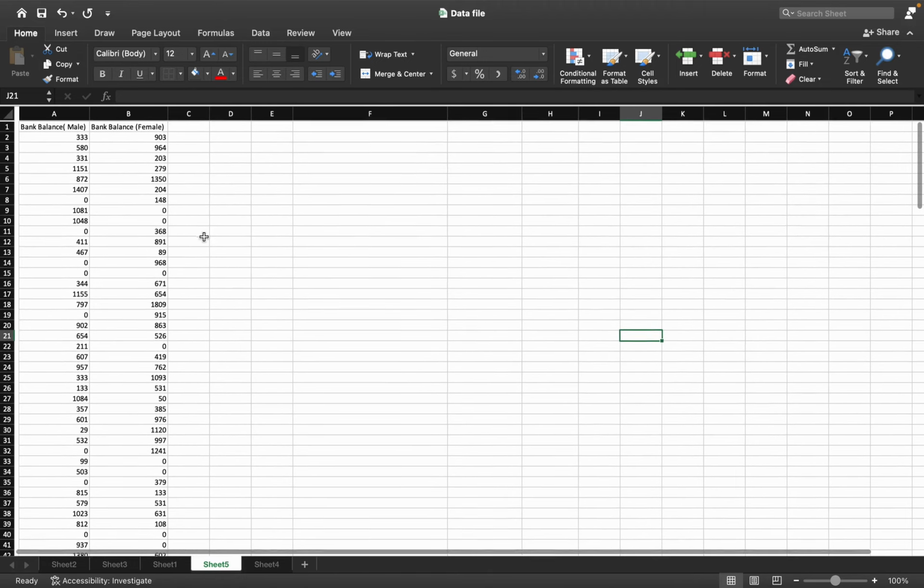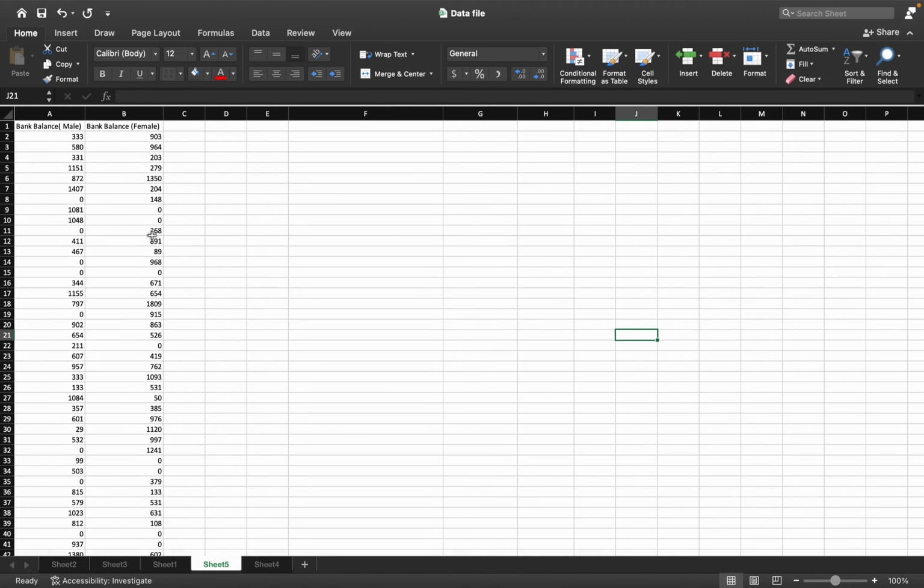First of all, here I can see the bank balance of male people and the bank balance of female people. Here I want to find out whether there is any significant difference between the male bank balance and the female bank balance. So it's our hypothesis.